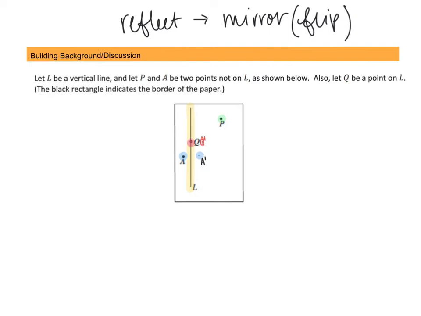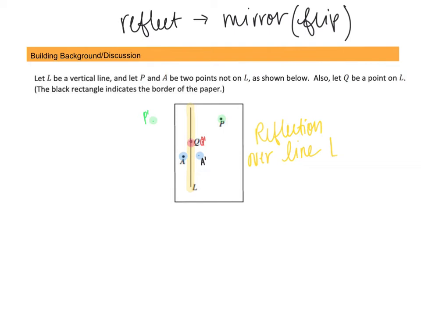That'll probably be like over here. That seems about the right distance. And so this will be P prime right here. So that is if we were to reflect over line L. Okay? So again, this shows a reflection over line L.